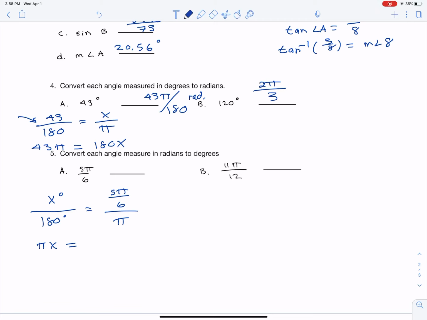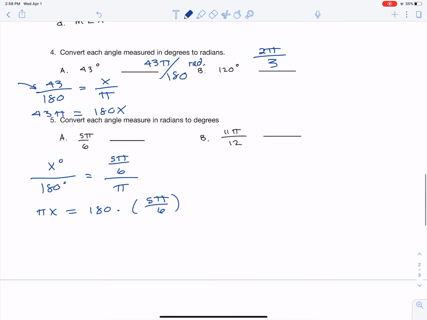So 180 times 5 pi over 6, which is going to be 150 pi.